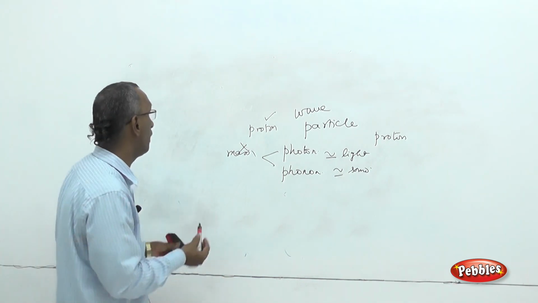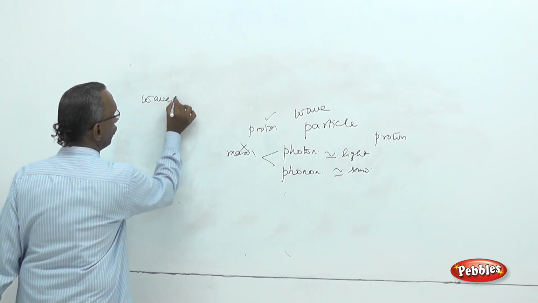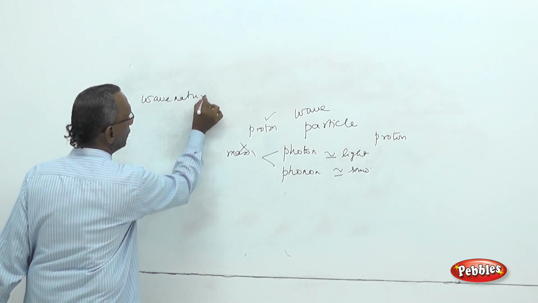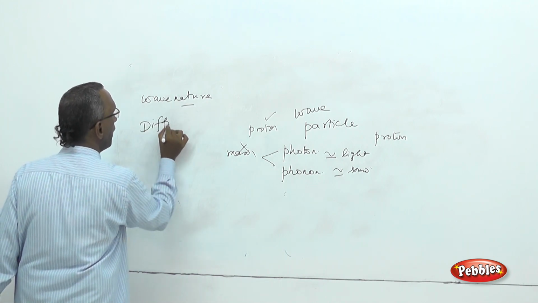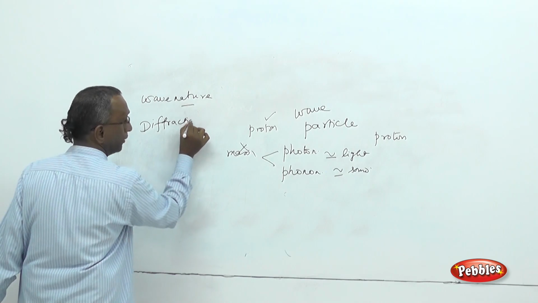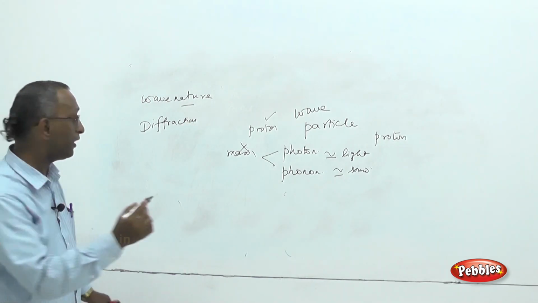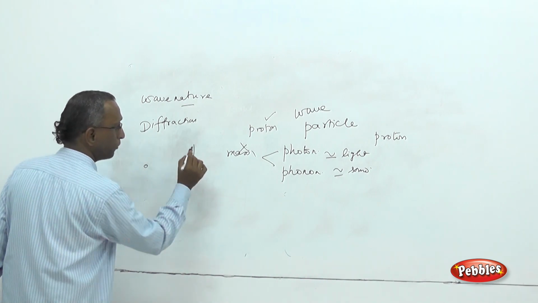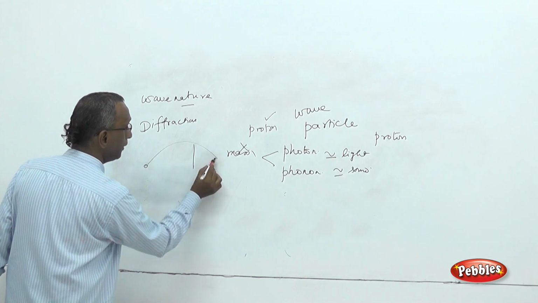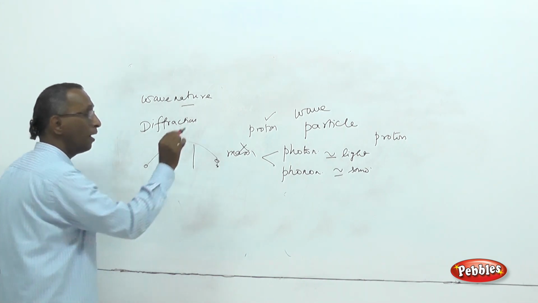How is it possible? He explained it by wave nature. The wave nature of light is established by a physical phenomenon called diffraction. Diffraction is the bending of light around an obstacle. He had a light source and an obstacle, and he observed the light behind the obstacle.